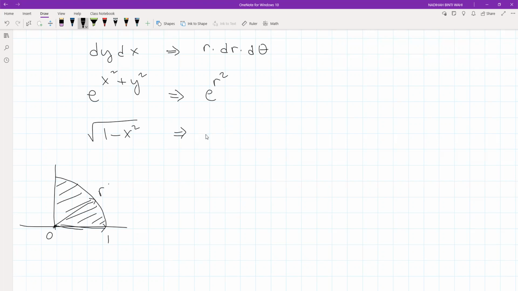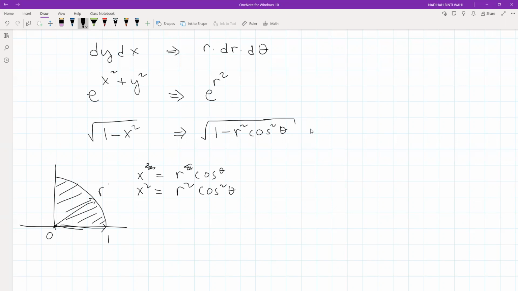But if you want to use it, this is just 1 minus r squared cosine squared theta. Why? Because x squared is r squared, and x is r cosine of theta. So x squared is just r squared cosine squared theta.